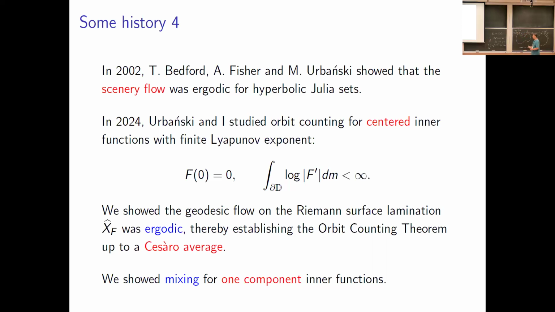But in some ways, inner functions are harder because the Riemann surface lamination cannot always be expressed as a suspension flow over the solenoid. So while the two works have some intersection, they are different works. It's not that I'm doing the same thing twice. Other questions?